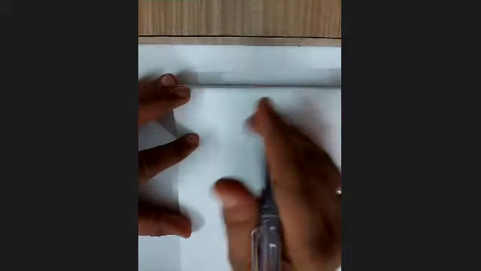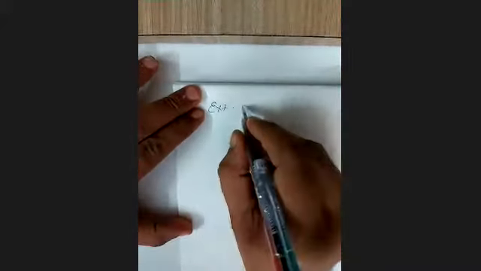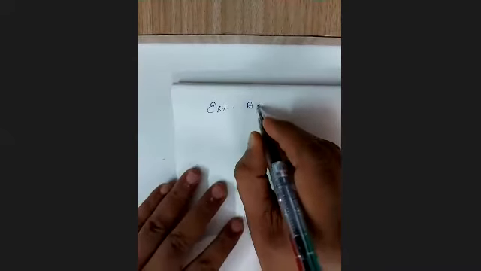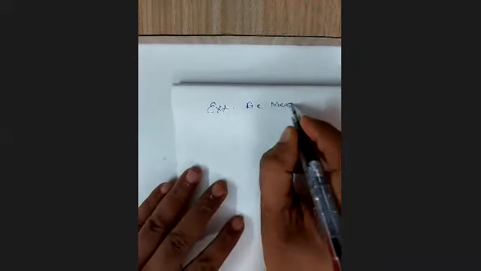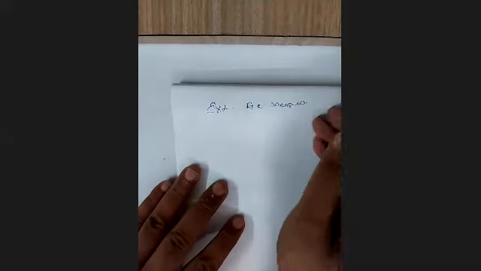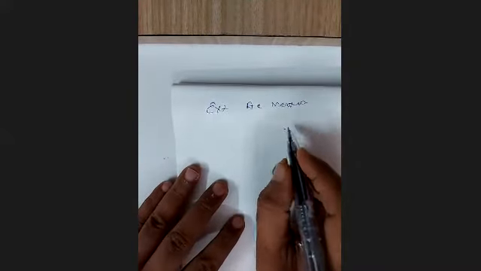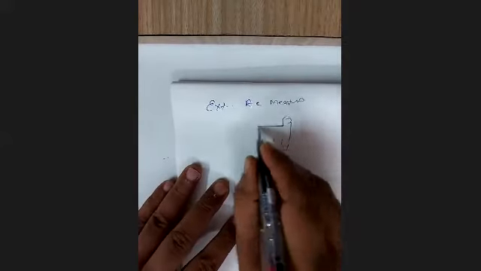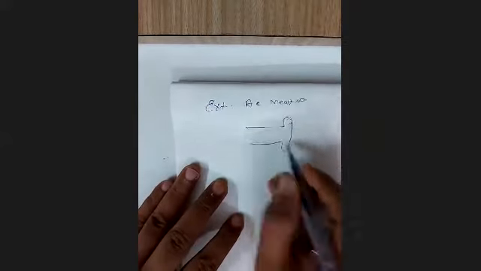Then next we will be discussing the external acoustic meatus. Now this external acoustic meatus starts from the pinna.